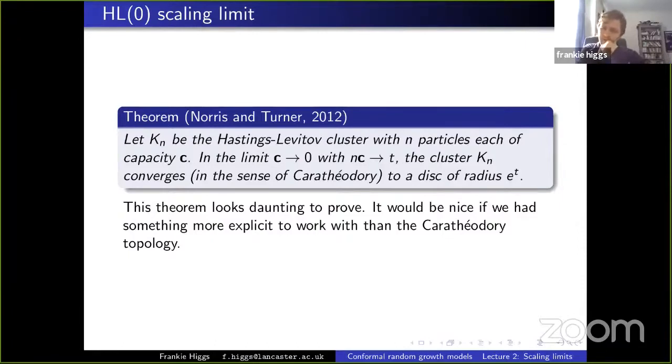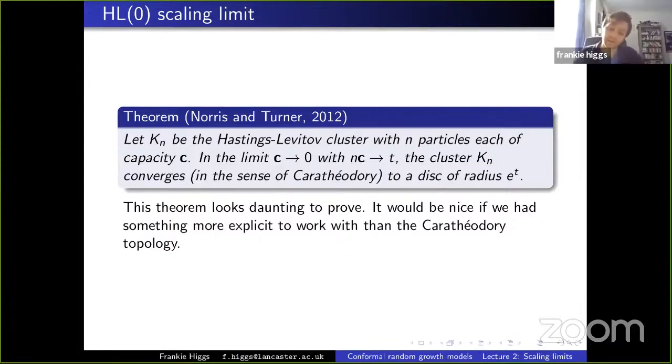They prove quite a lot more. In fact, they do prove explicitly that the limit is a disk with respect to the Hausdorff metric as well, but that requires rather more work than we can fit into this lecture, and it's less generally used. In general, what we can and do prove is convergence with respect to this Carathéodory topology.